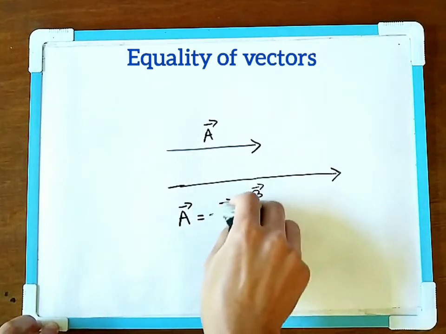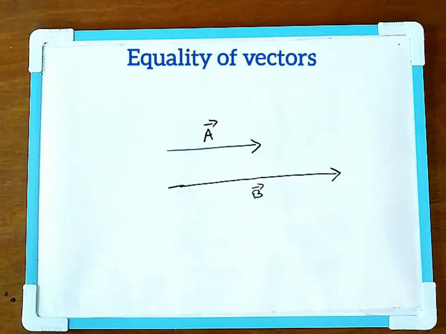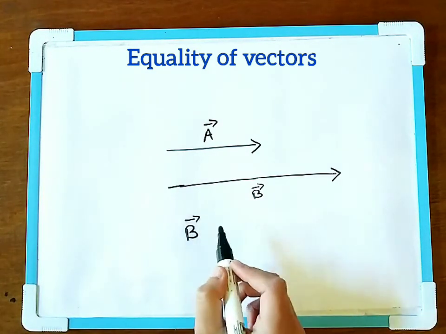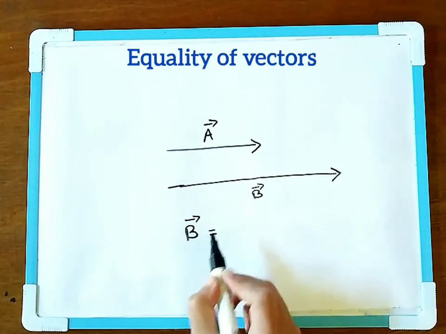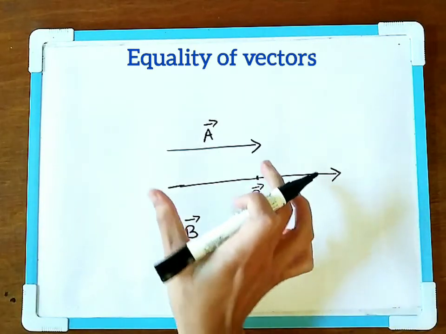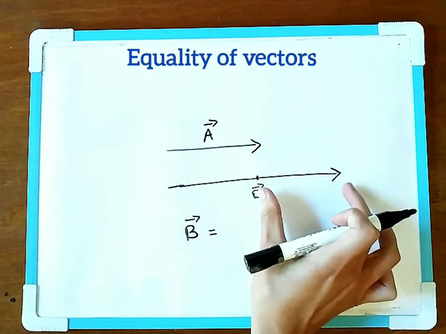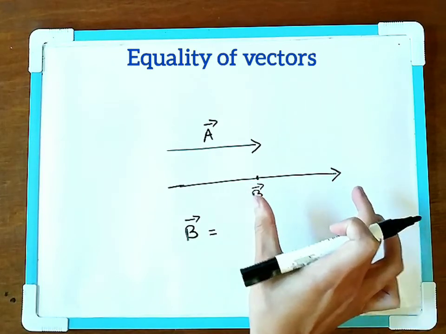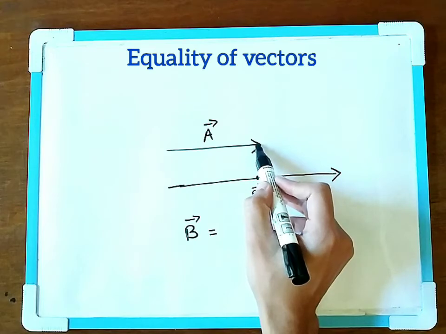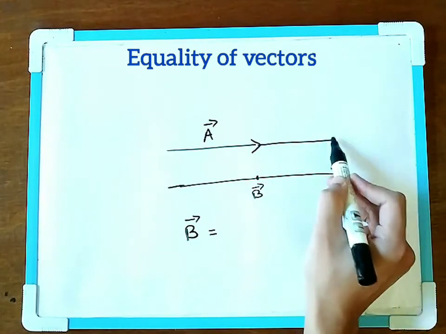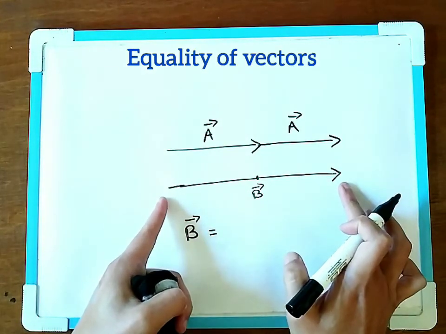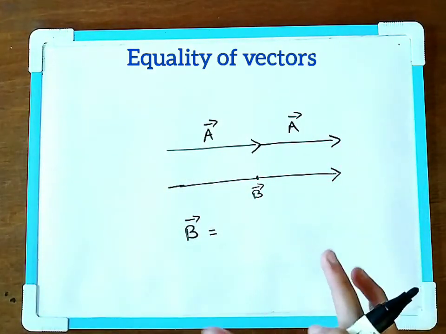In order to represent this vector, what we do is we write first B since it is larger. So B vector is equal to, now suppose the length is this much and this is twice, isn't it? Twice. So the vector B is twice that of A. So it's like having 2A. So it's like having two A vectors. So the B vector is equal to 2A vector in magnitude.